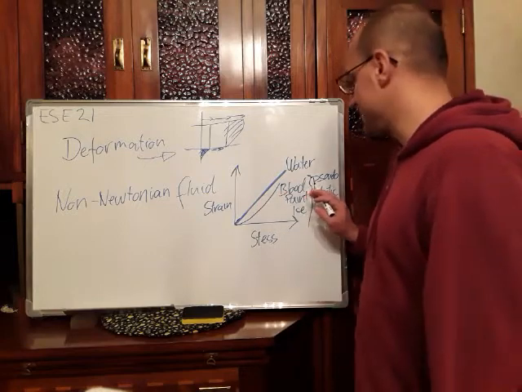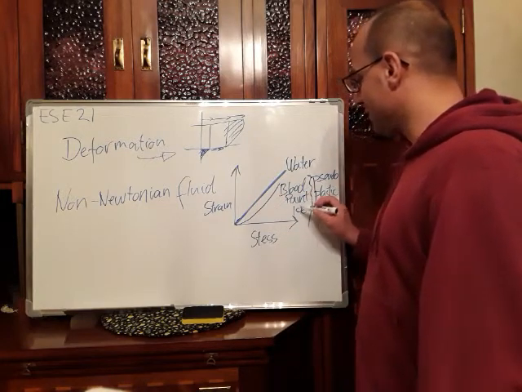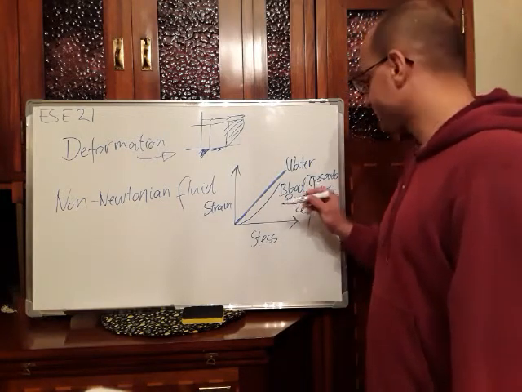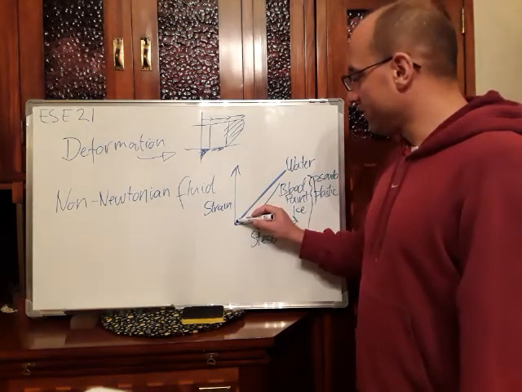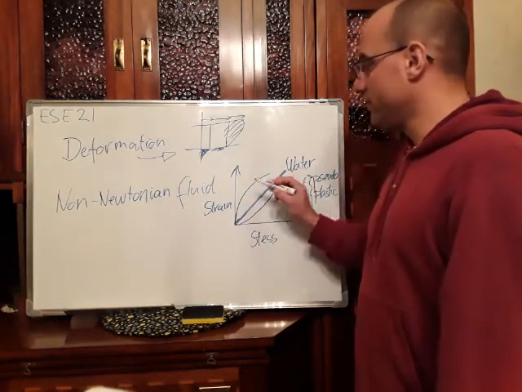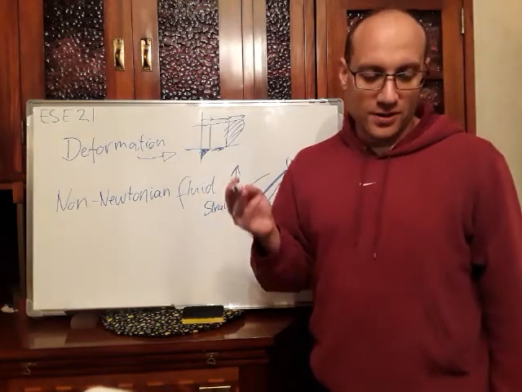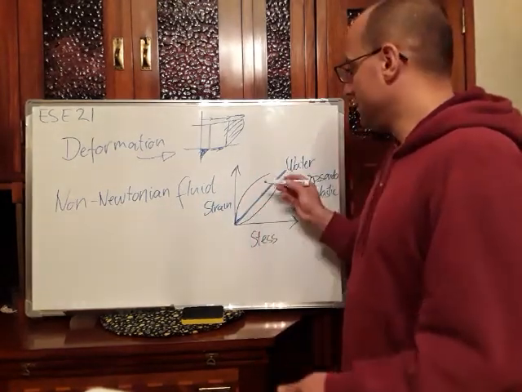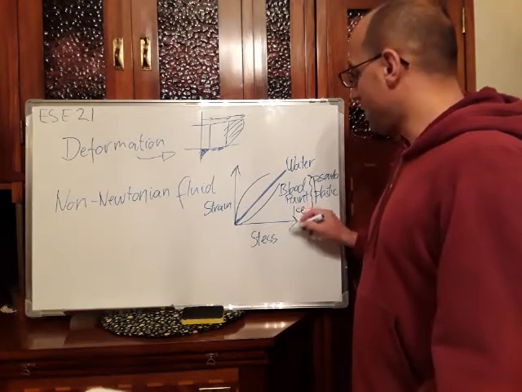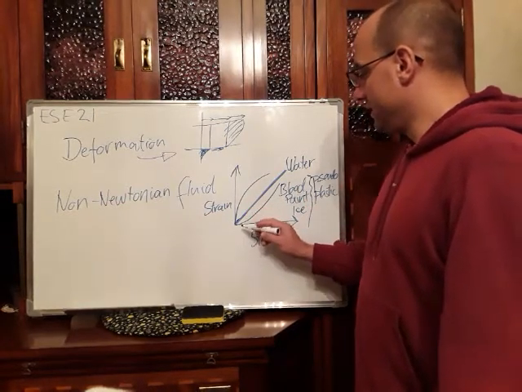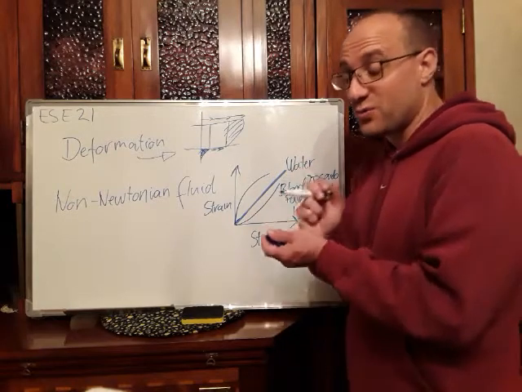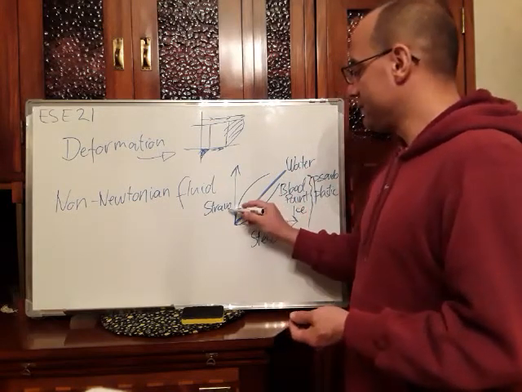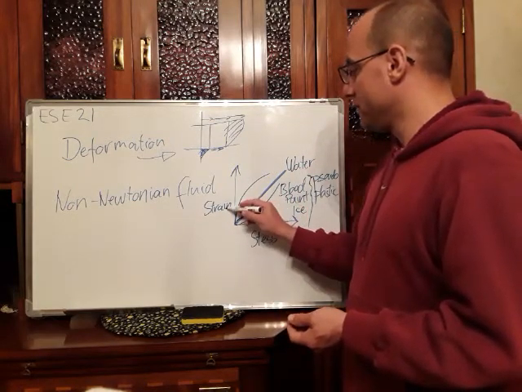If you are interested in this, then you can look up this phenomena. And also there are some of these non-Newtonian fluids which are going to be working the opposite way. So if the stress rate is growing, the more pressure we put on the material, then the strain rate is going to decrease.